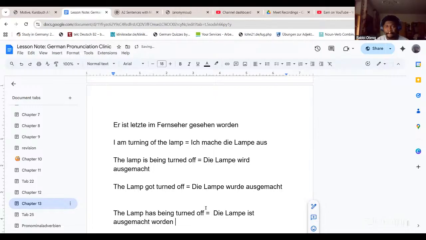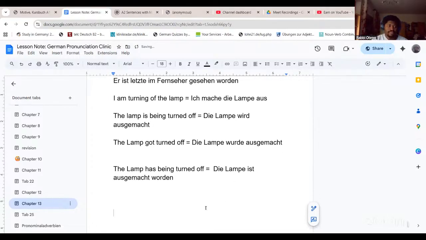Ja. Simple as that. Okay. One last example with adjectives. So I want to use change of states.